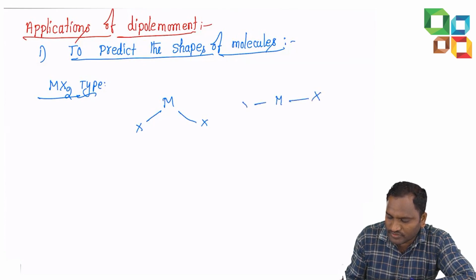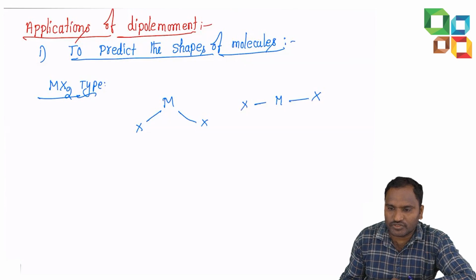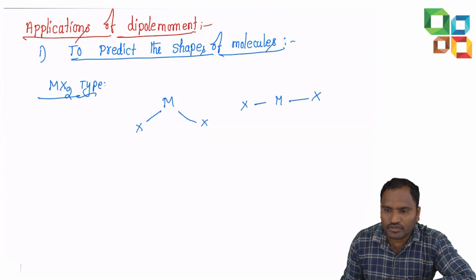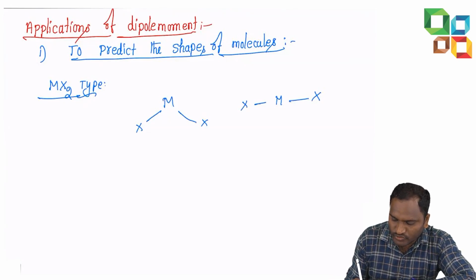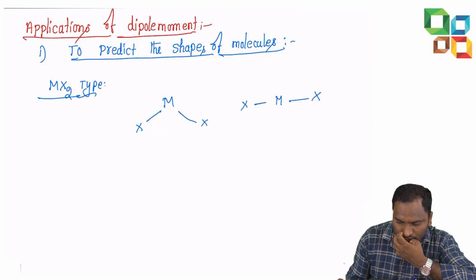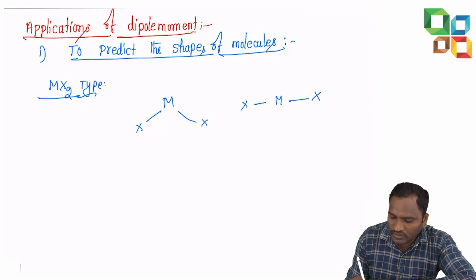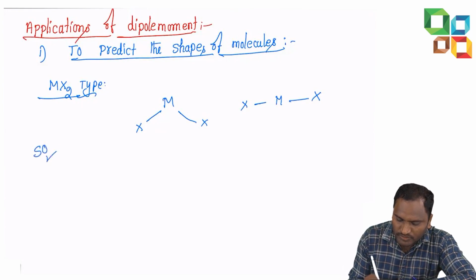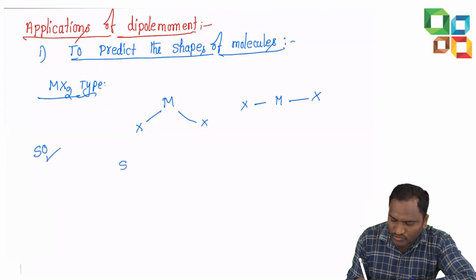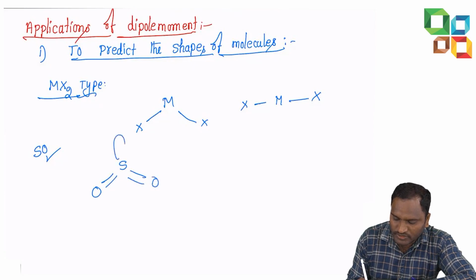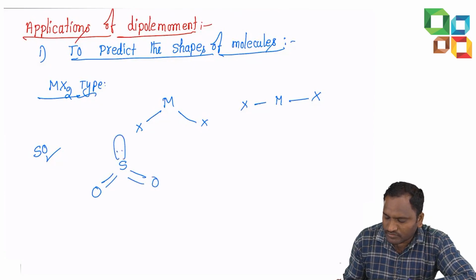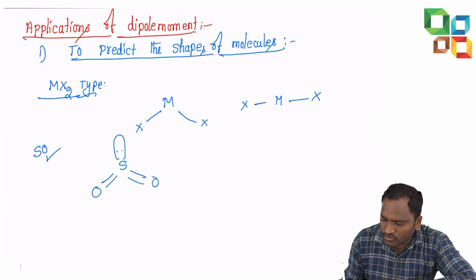Observe the difference. If I take SO2 and CO2, both are MX2 type only. But in SO2, the molecule shape is like this. Here, the CO2 molecule shape is like this.